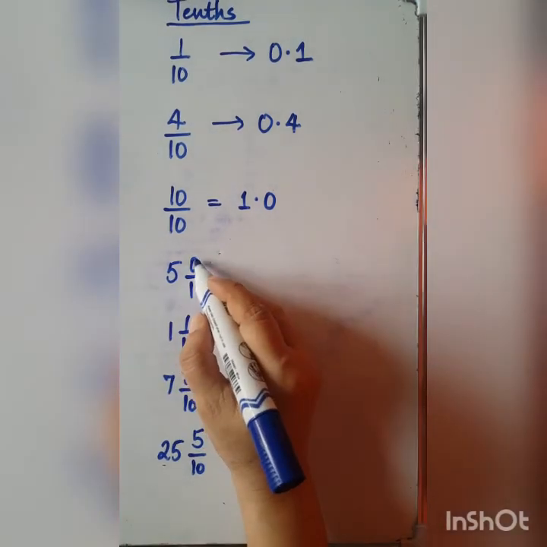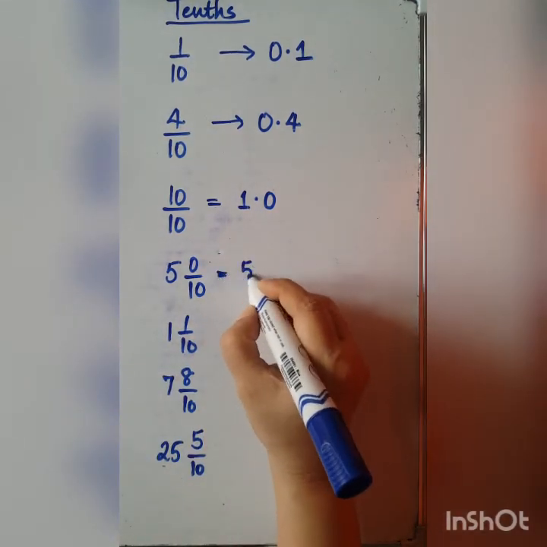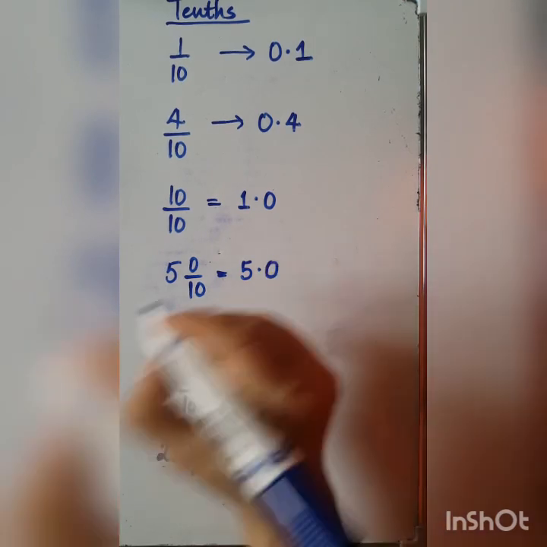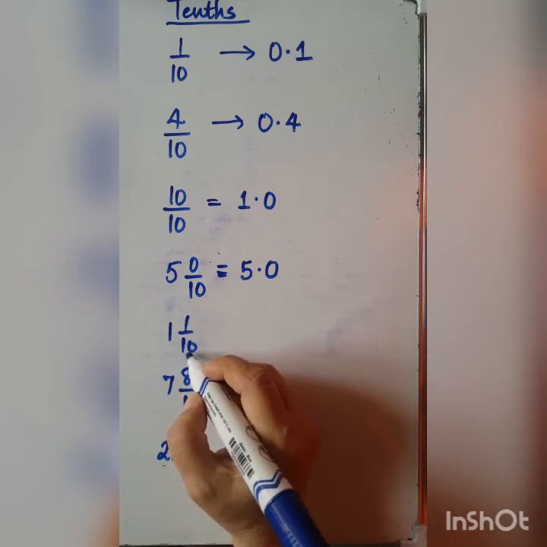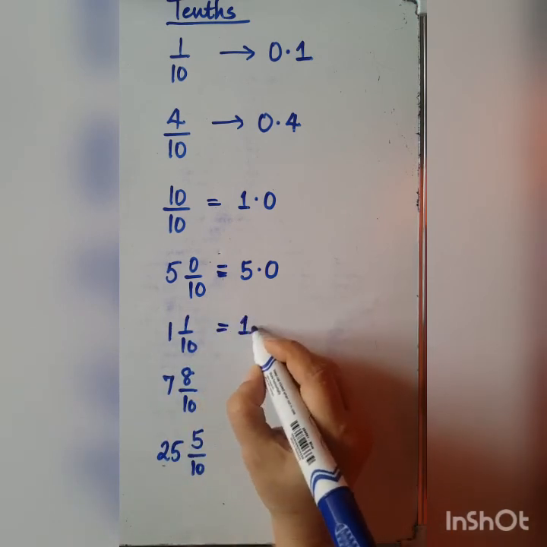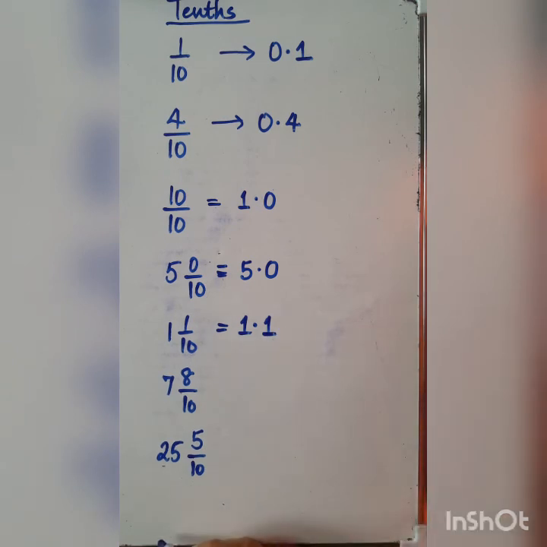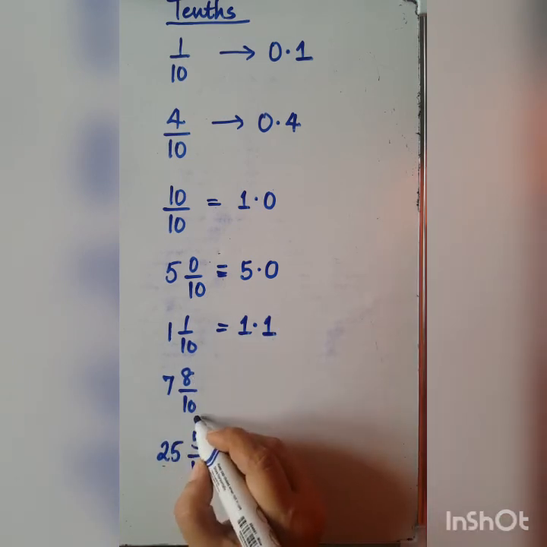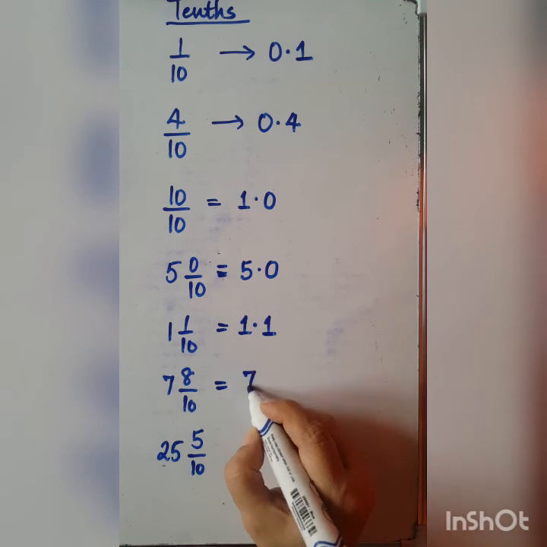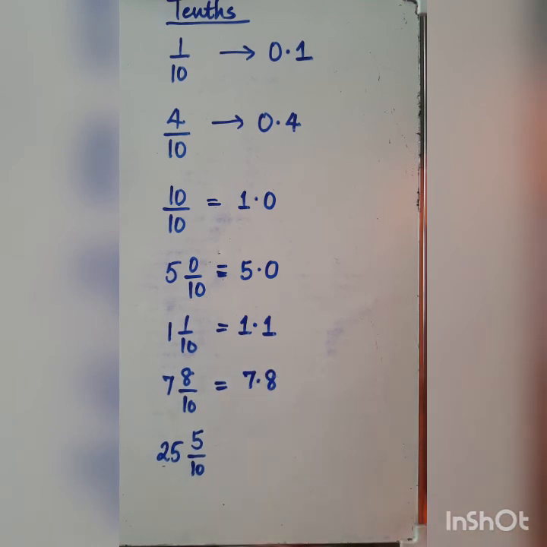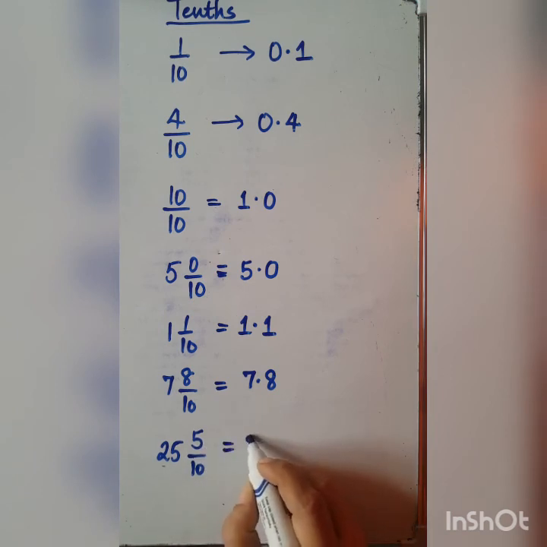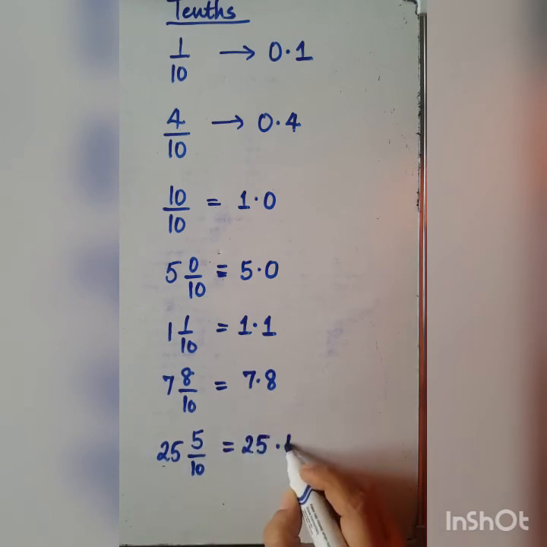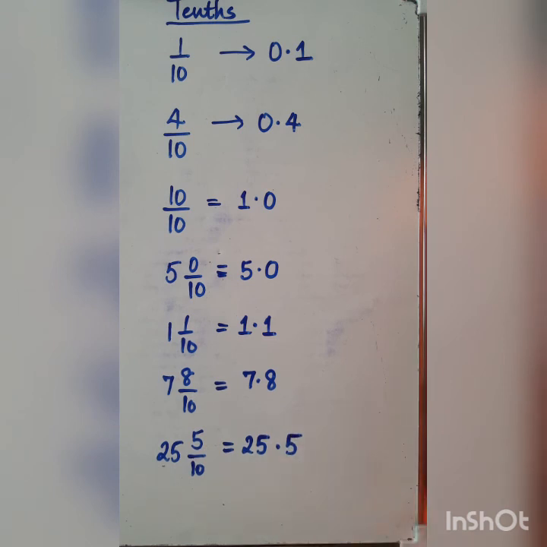Similarly, this is 5 and 0/10, that is equal to 5 and it can be read as 5.0. Similarly, this is 1 and 1/10 or simply you can say 1.1. This is 7 and 8/10. This is written as 7.8. This is 25 and 5 tenths. This can be written as 25.5.